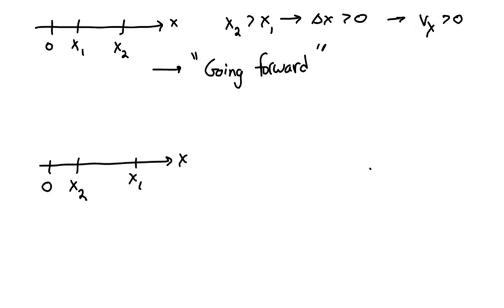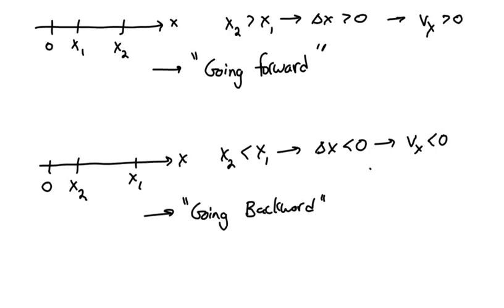In the other case, where we have this coordinate system where our initial position is further away from 0, and our final position is closer to 0, then we have the opposite. x2 is smaller than x1. That means that delta x is less than 0, which means that Vx is also less than 0. And so in this case, we can call this going backward.